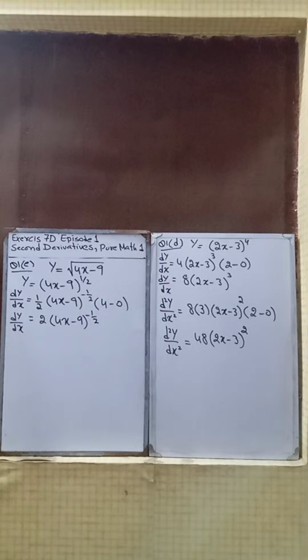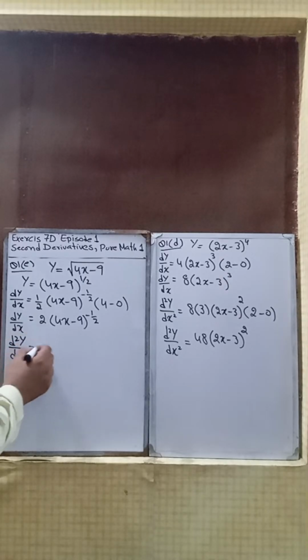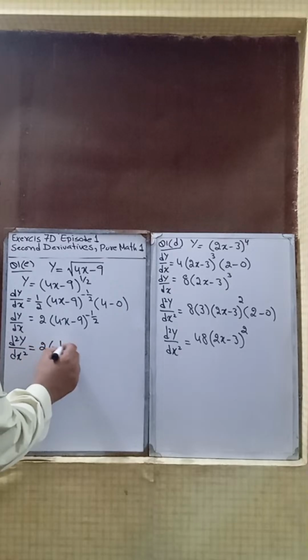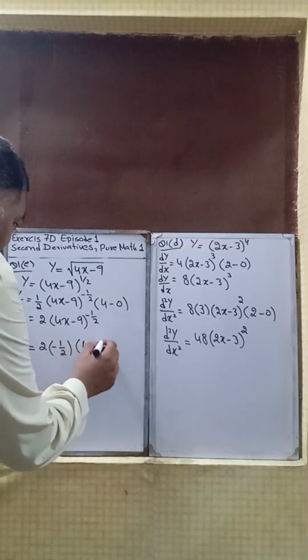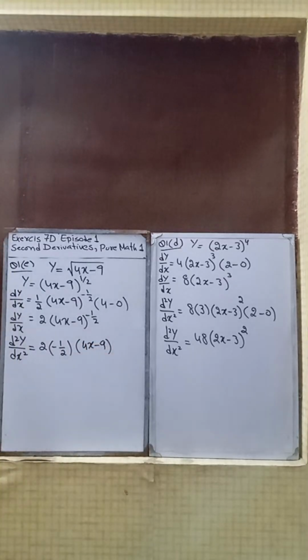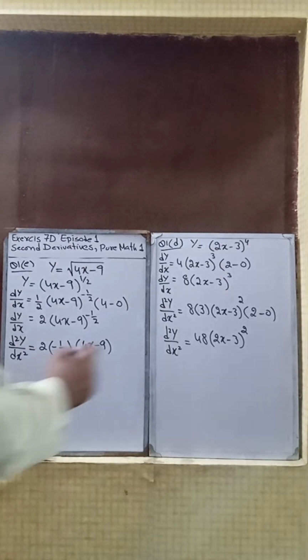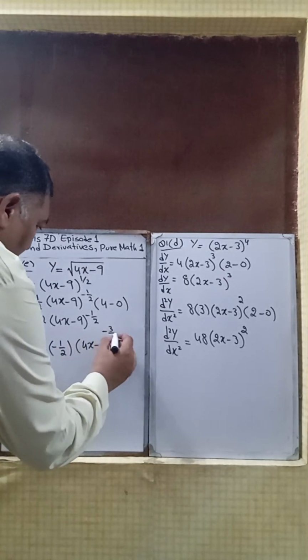Then I will differentiate again; that is called the second derivative. So d square y by dx square will be 2 into minus 1 by 2, the power came on the side, (4x minus 9) raised to minus 1 by 2 minus 1, you have to decrease the power by 1, that is minus 3 by 2. You can use the calculator.